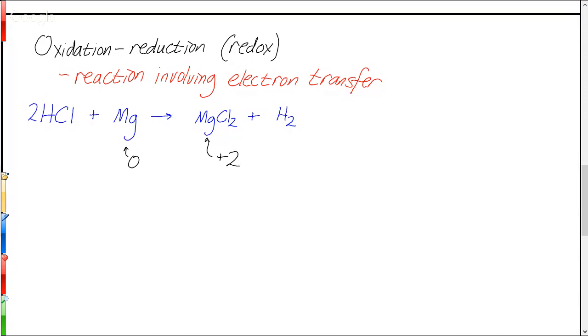What does that mean about its electrons? Did it lose electrons or did it gain electrons? It lost electrons because it went from neutral to positive. So it must have lost some of those negative electrons.